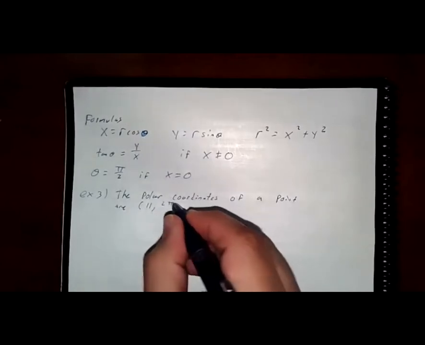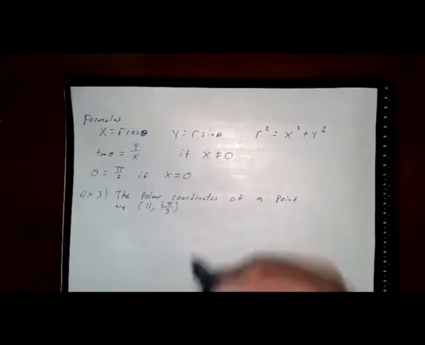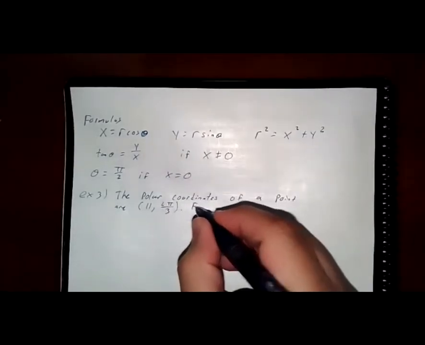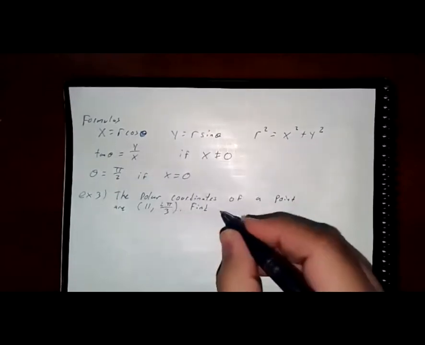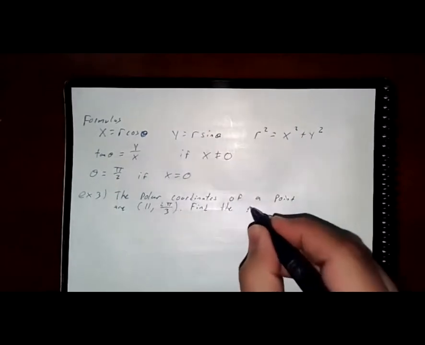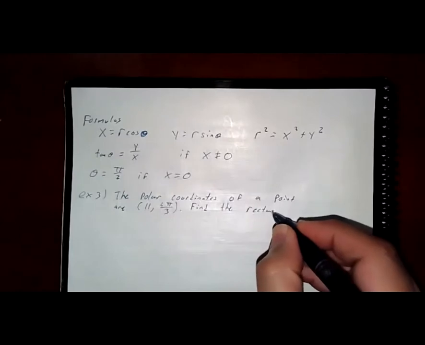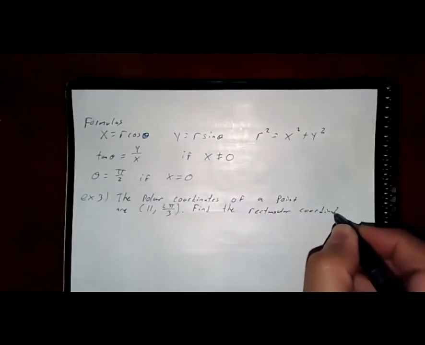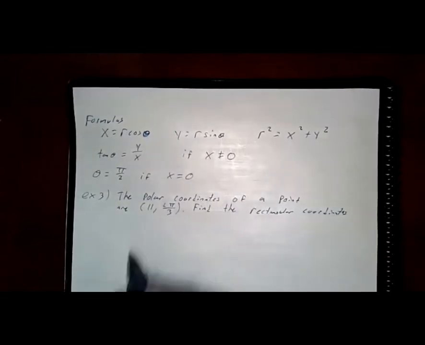Sorry, forgot the question. Find the rectangular coordinates. So basically, we're going to use the formulas above to get back to x and y, because right now it's r theta.